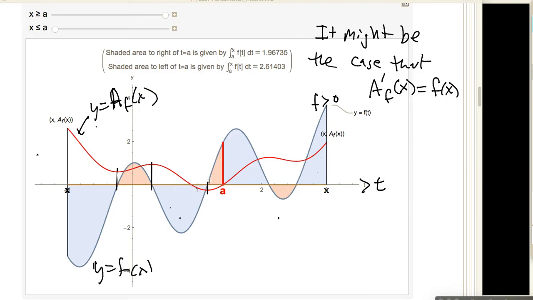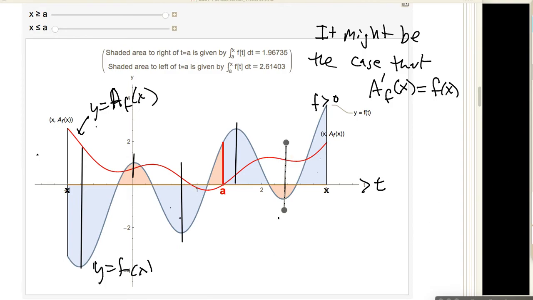Now let's look at some additional lines. I'm going to look at places where the f graph has an extreme point, and I'm going to connect them to places on the red graph.